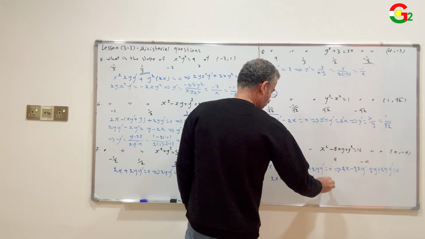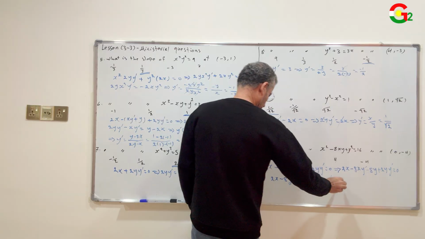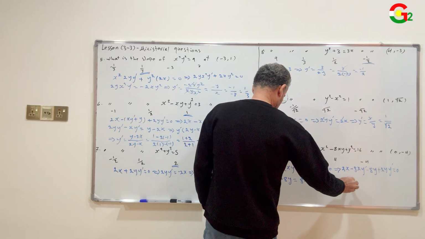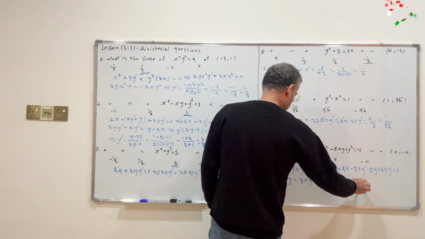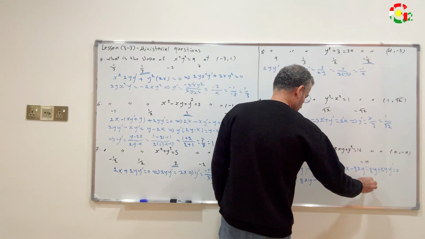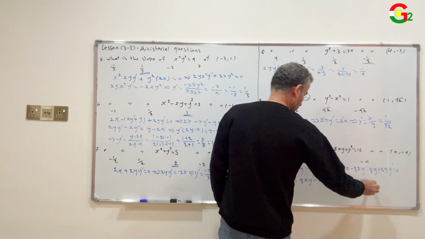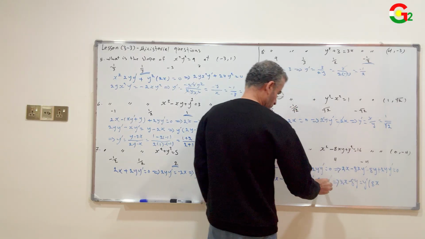minus 2y y prime. Then 2x minus 8y equals, factorized by y prime, 8x minus 2y.